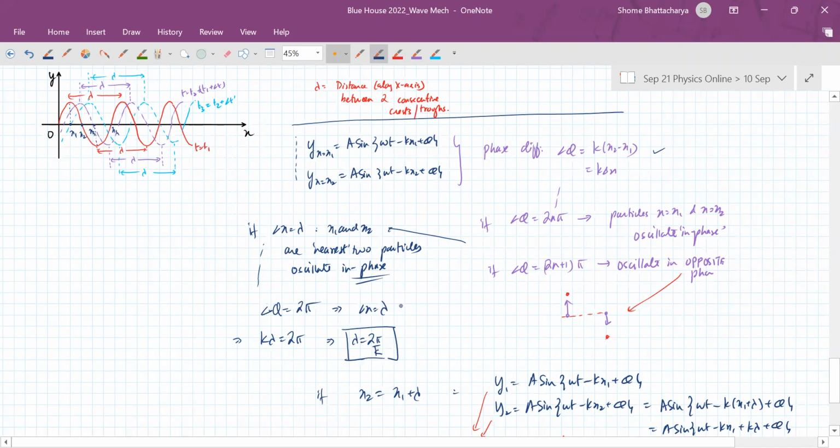So this thing now we are substituting in this general relation. If this happens to be lambda, then this should be 2 pi. Understood, no? Yes, sir.